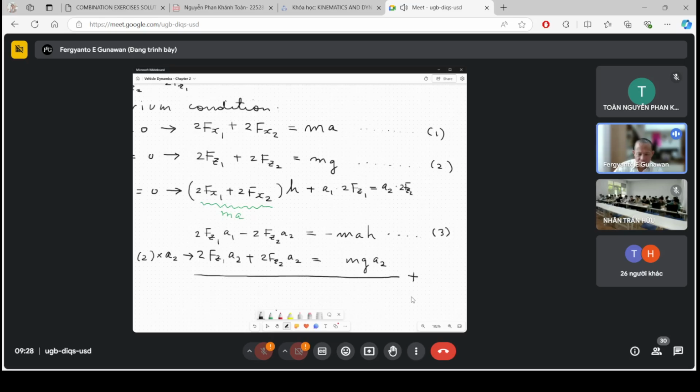If I add them together, this part will be eliminated, so I only have this part. And a1 plus a2 is equal to L, right?